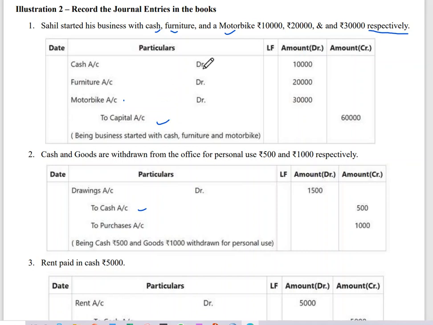So cash account debtors to, furniture account debtors to, motorbike account debtors to capital account. Here cash is 10,000, furniture is 20,000, motorbike is 30,000 and the total of all these three is the capital account, that is 60,000. The narration for this is: business started with cash, furniture and motorbike.